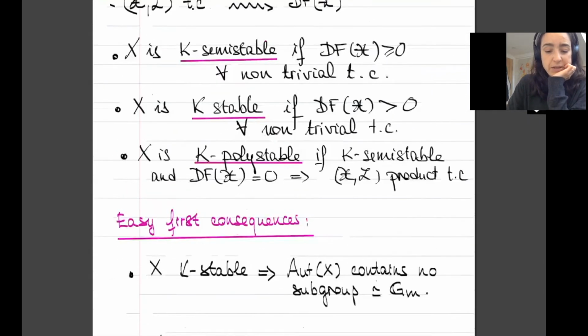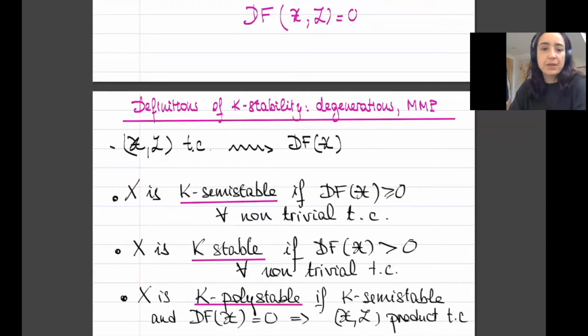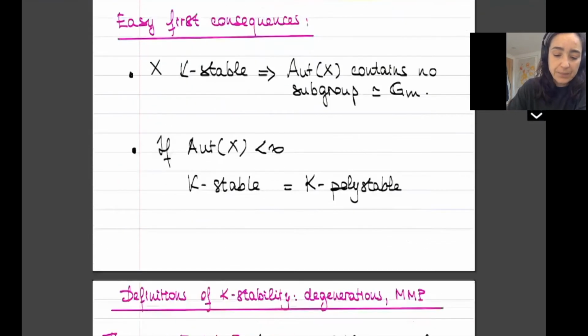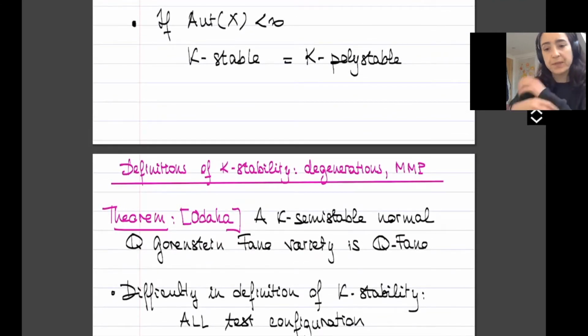Okay, so this was the first definition of K-stability, which was in terms of degeneration. And what's very hard about this definition is that it's a definition in terms of all possible test configurations. The first result, I think, that appeared that indicated that this notion had something to do with birational geometry was a theorem due to Odaka.